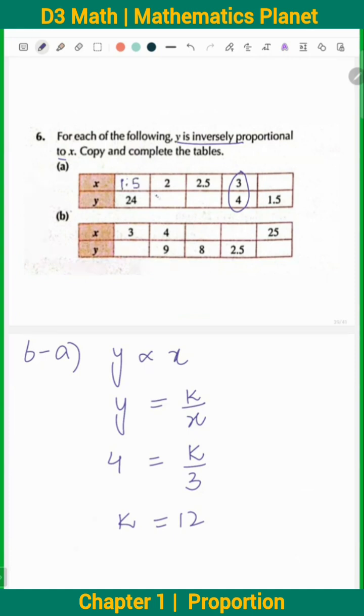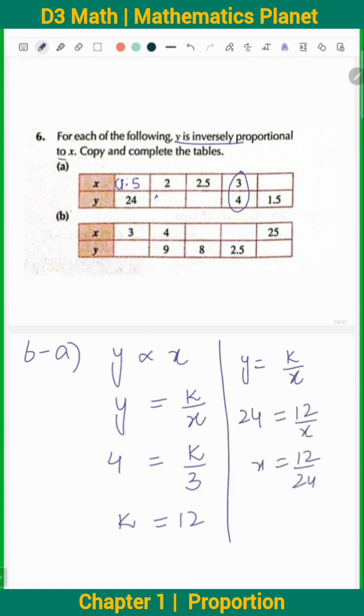So y is equal to k by x. Y is 24, which is equal to 12 by x. So x is equal to 12 by 24, which is 0.5, not 1.5. This is 0.5.